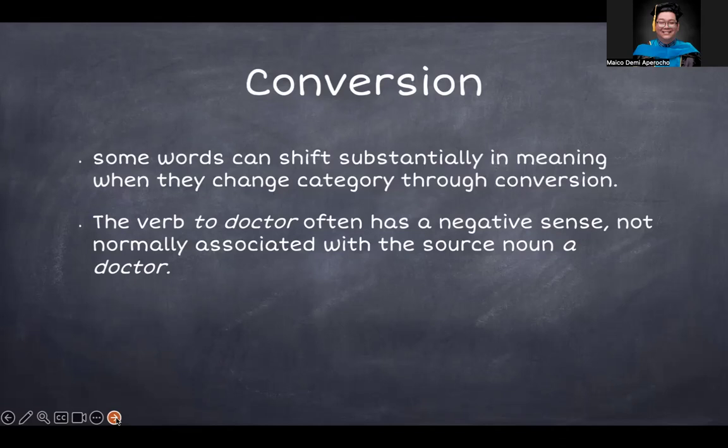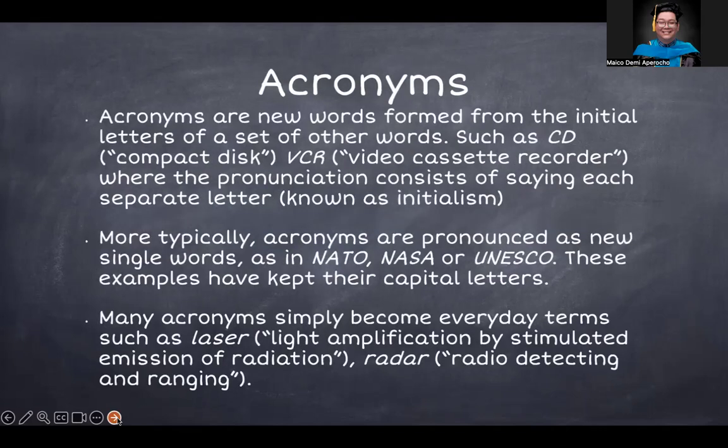But it's not necessarily associated with the original meaning of the word, a doctor, a person responsible for healing or curing a person's disease. So in that case, there is now a misalignment in terms of meaning. However, the morphological process of conversion tells us that language can become dynamic also in terms of its meaning shift or its function shift.